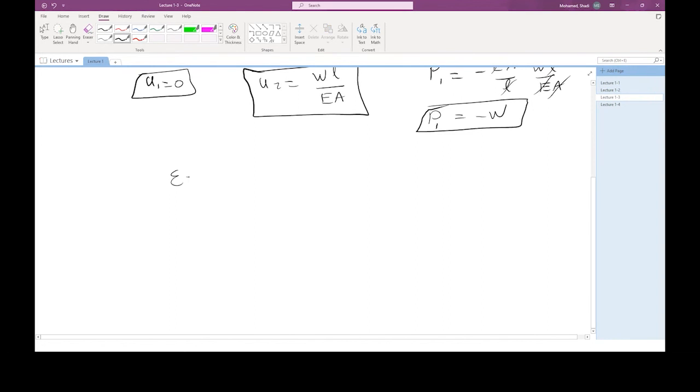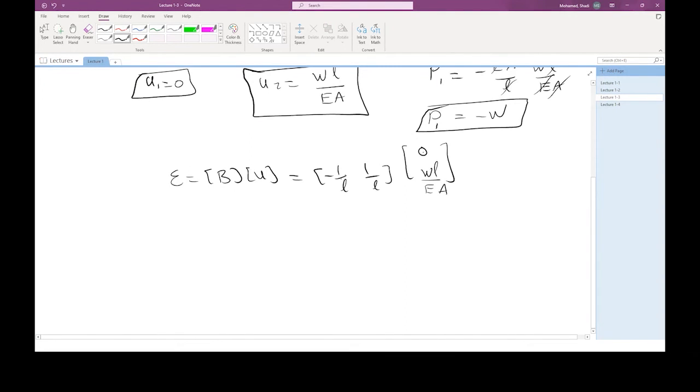So the strain is the B matrix multiplied with U. And the B matrix is minus 1 over L, 1 over L, multiplied with U1 and U2. U1 is 0. And U2 is WL over EA.